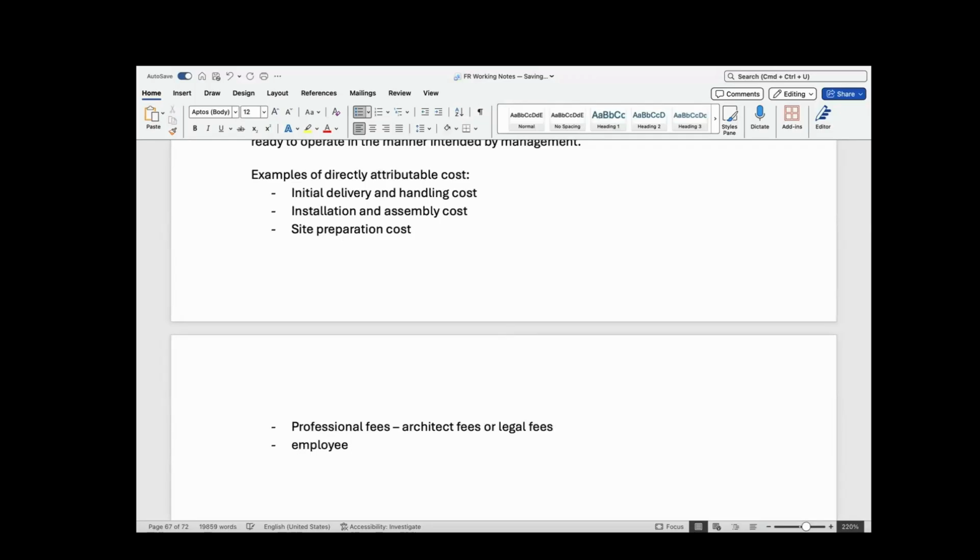Also, if you incur some employee benefits that are directly attributable to the acquisition of the asset, in the sense of employees you pay salaries who were directly involved in the process of buying the asset, then you will need to add the costs as part of the cost of the asset.